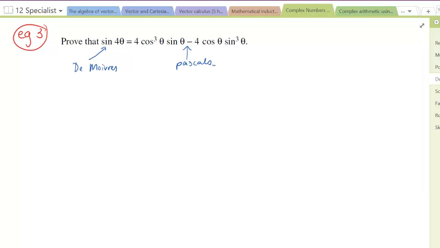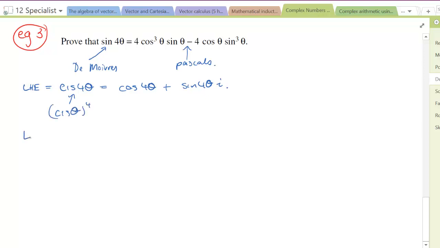taking a little bit of a jump, and we can say that cis 4 theta is the same as cos 4 theta plus sine 4 theta i. So we're going to look at the left-hand equation consisting of this, which is the same as looking at cis theta to the power of 4.